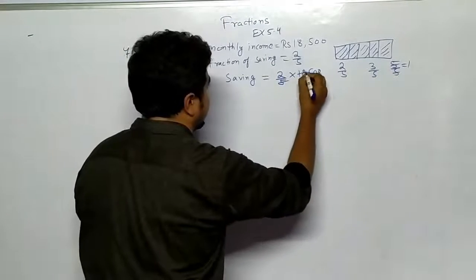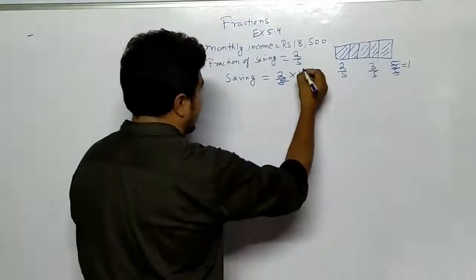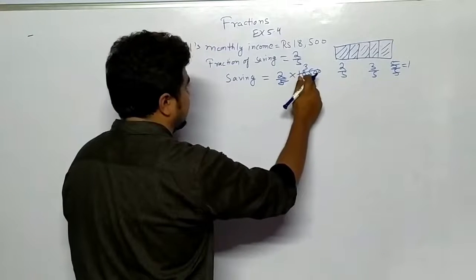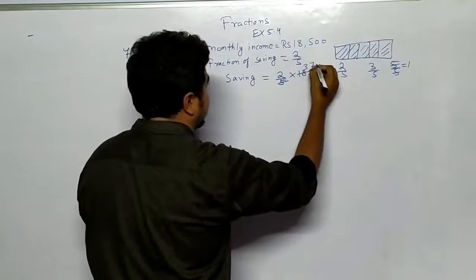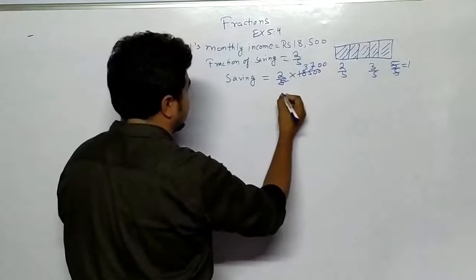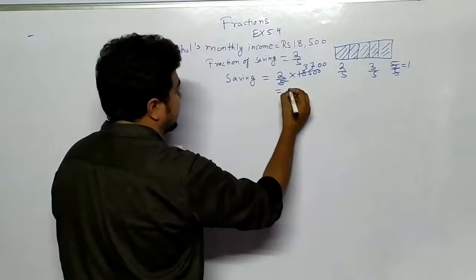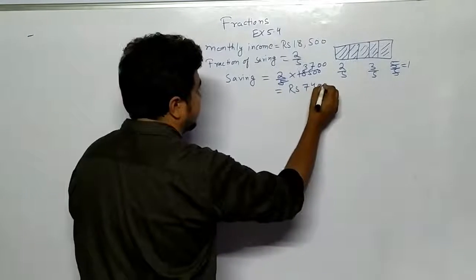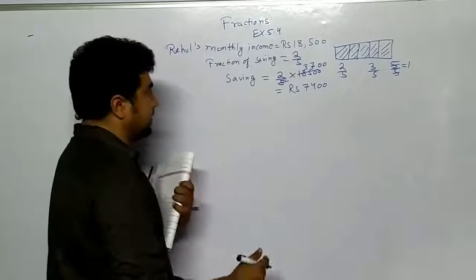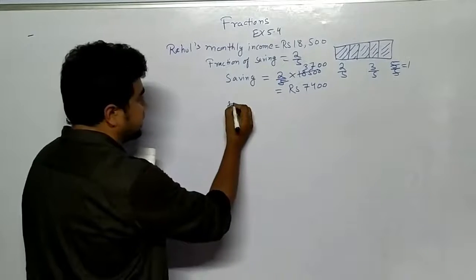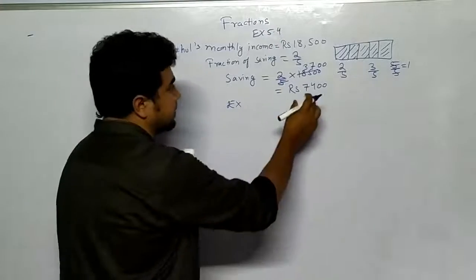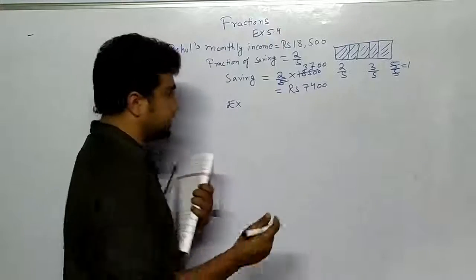From here, you get rupees 7,400 as his saving. Then what is his expenditure? You can directly subtract the saving part from the income. That will be the expenditure.